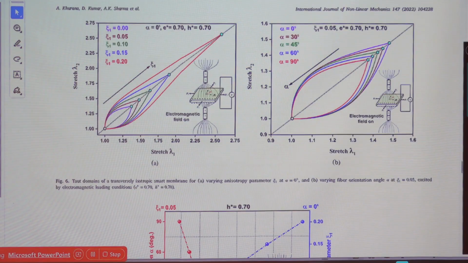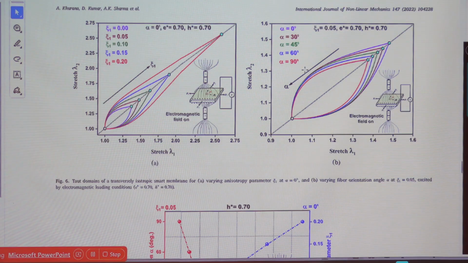When we change the strength of reinforcement of the fiber, our tau domain keeps on expanding. So it shows that if we keep on increasing the strength of the reinforcement of the fiber, you get a bigger tau domain region, a region where no wrinkles will be produced. So the bigger the region gets, outside that region you get wrinkling, but inside it you get a safe zone where wrinkling instability will not come. You are getting my point?